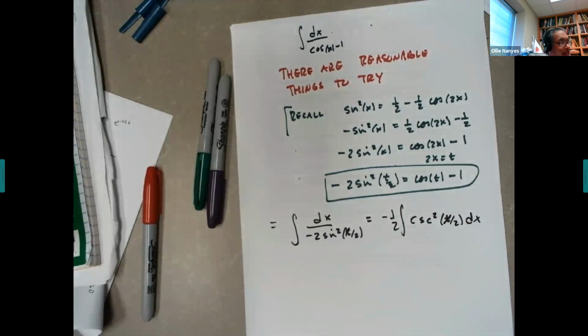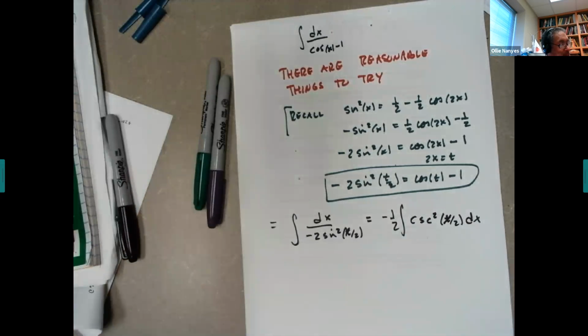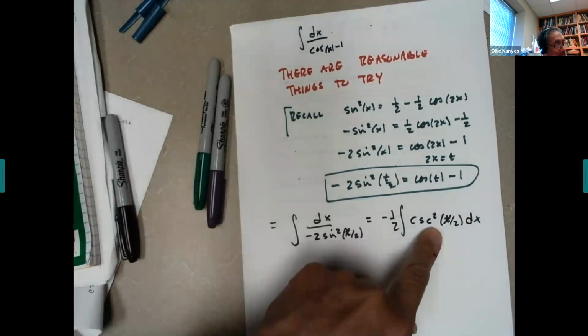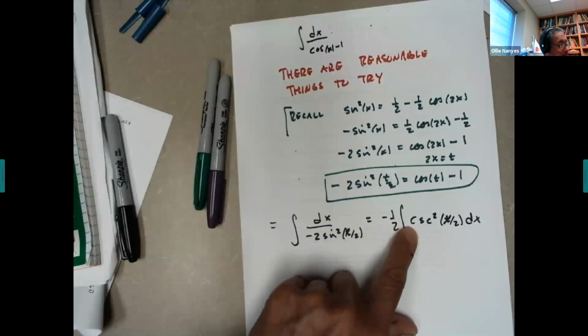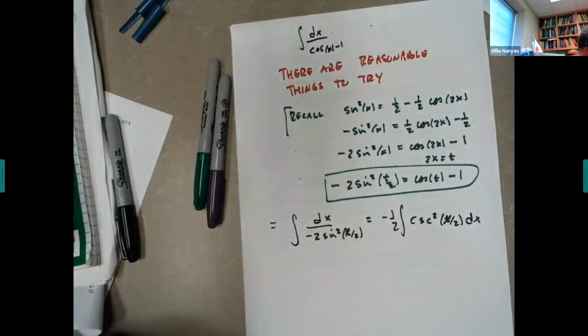And remember, there's an actual antiderivative here. The derivative of cotangent is minus cosecant squared, and we have that right there. So we just recall.